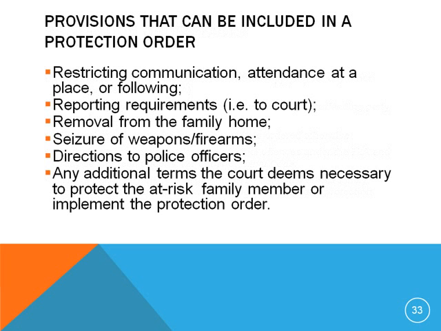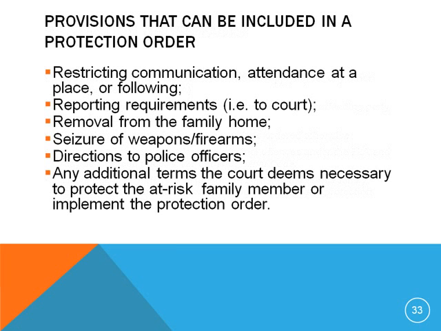So what do the protection orders look like? Well, they can have provisions that restrict communication, have reporting requirements, and ask that the person who's the perpetrator of the family violence, the person the order has been made against, be removed from the family home if they're still there. They can have a seizure of their weapons or firearms.